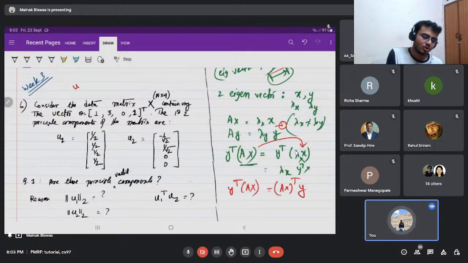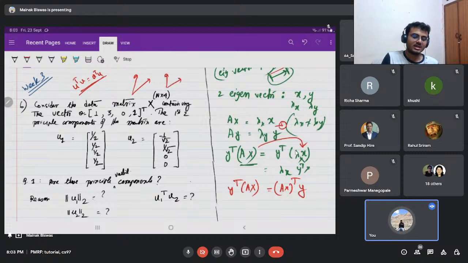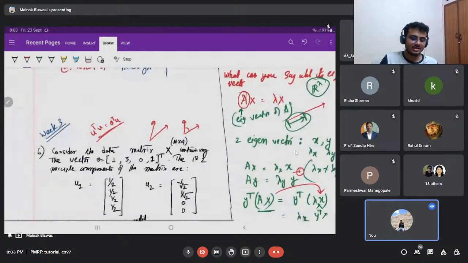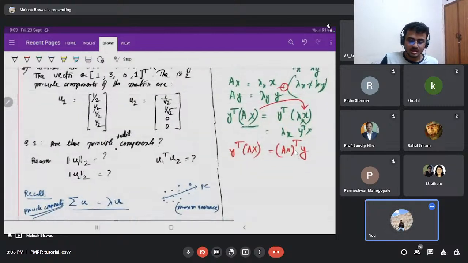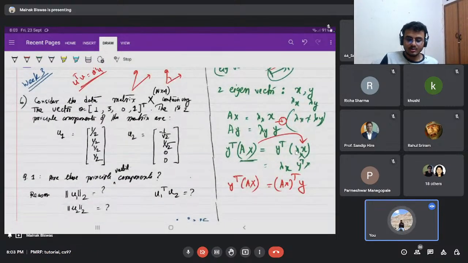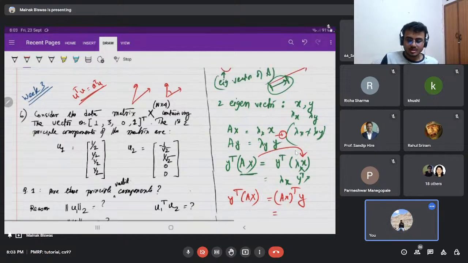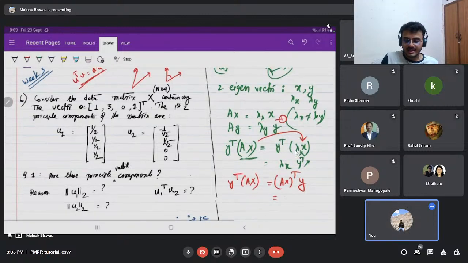We all know u transpose v is equal to v transpose u for any two vectors. Dot products are commutative, right? Class 11 maths, physics. So I just take the commutative property. This turns out to be x transpose A transpose y, right?